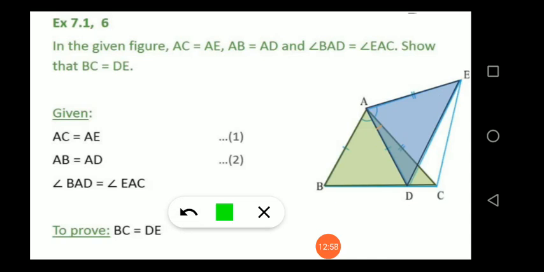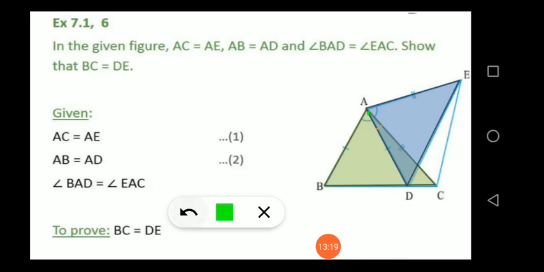If we take side AB, then side AB is equal to side AD of another triangle, given. So we will take this.